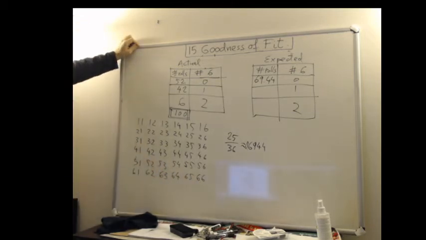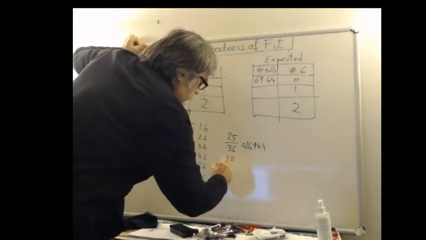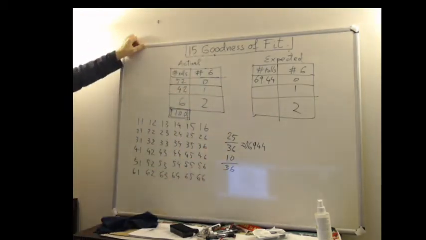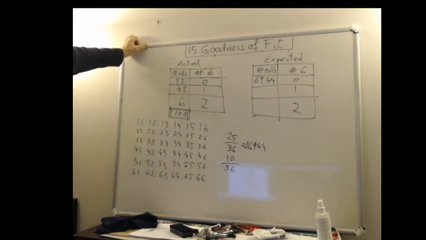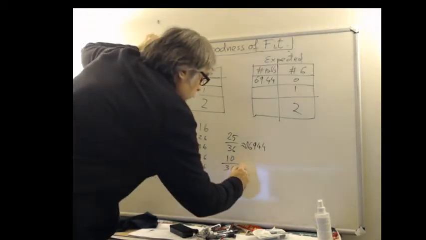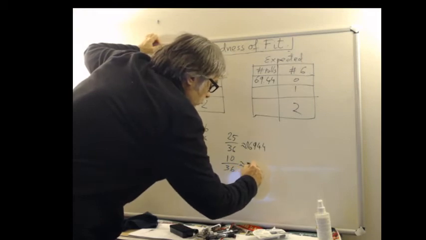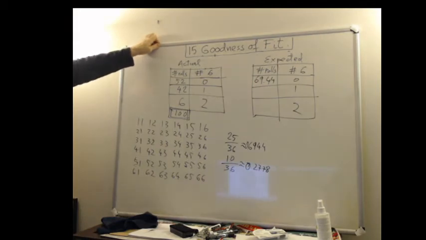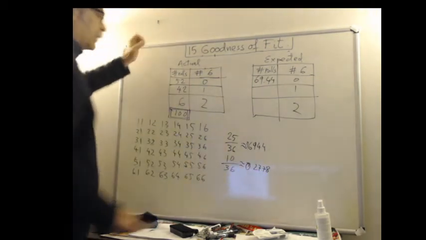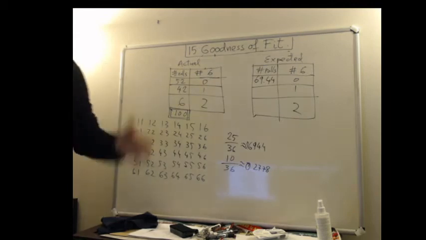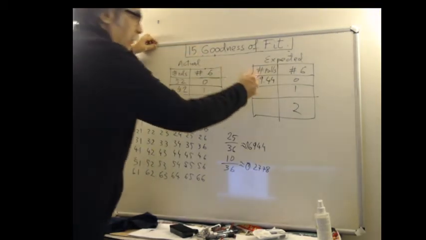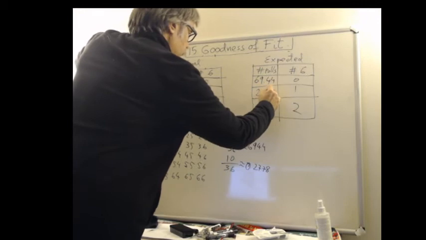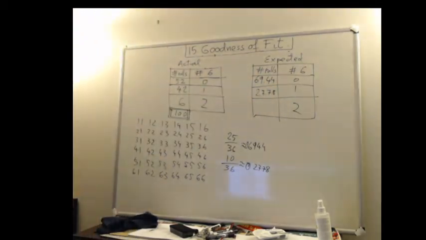So 10 out of 36 times there's a chance of getting 1 6, and that would be 27.78%. So this is the chance of getting 1 6. So out of 100 rolls, this many should be with 1 6.